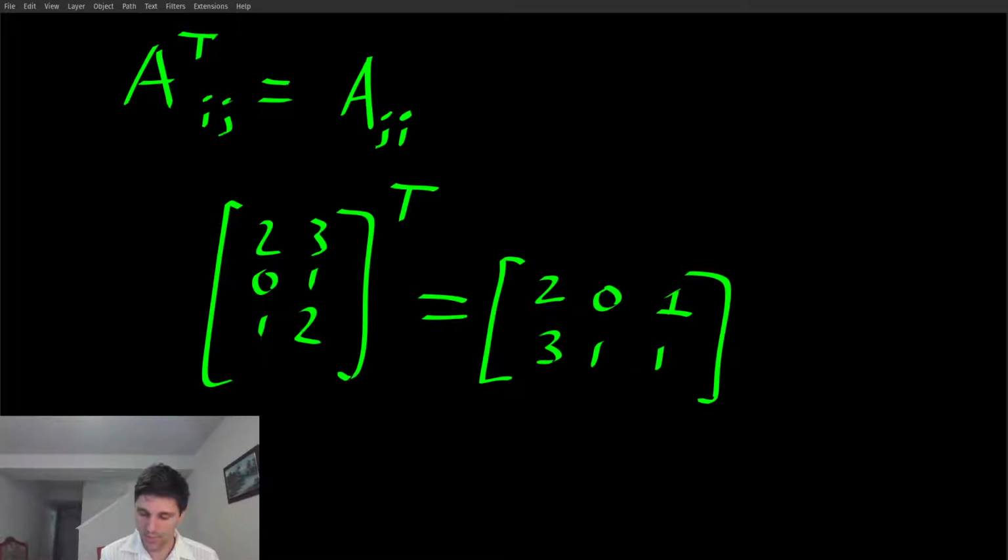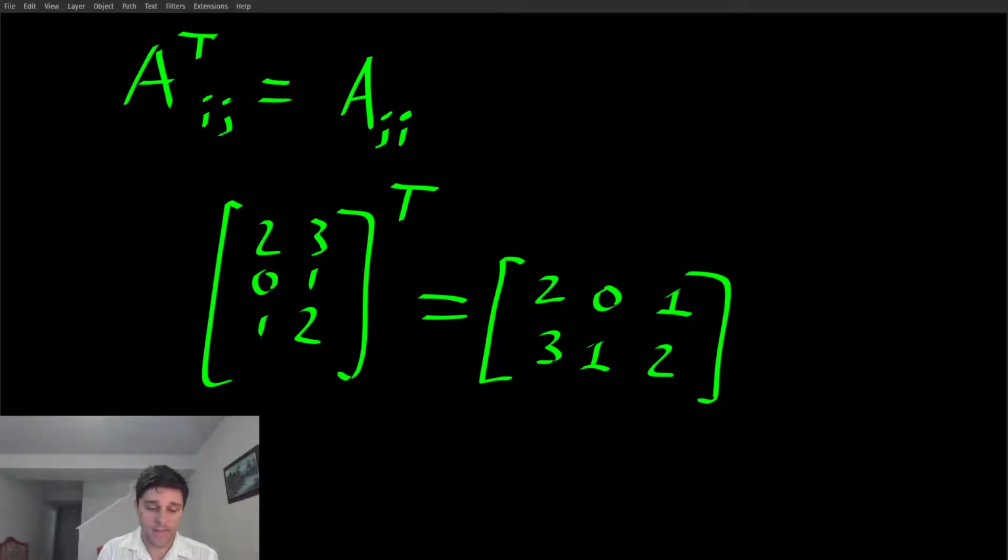That was supposed to be a 2. And you can see, for example, if this was A, then A21 would be that one, which is the same as A12, that one, right? Flipping them.